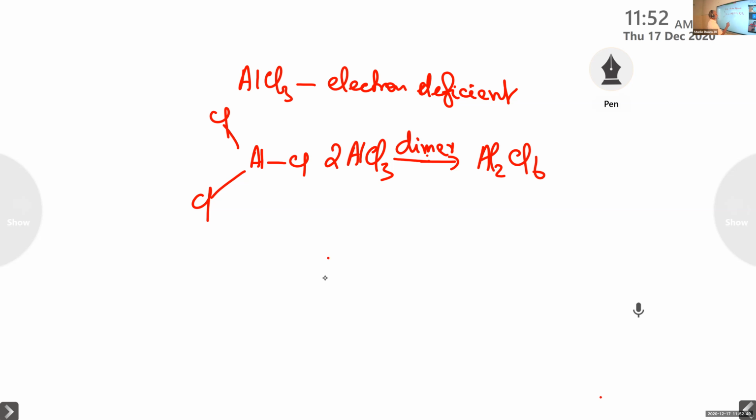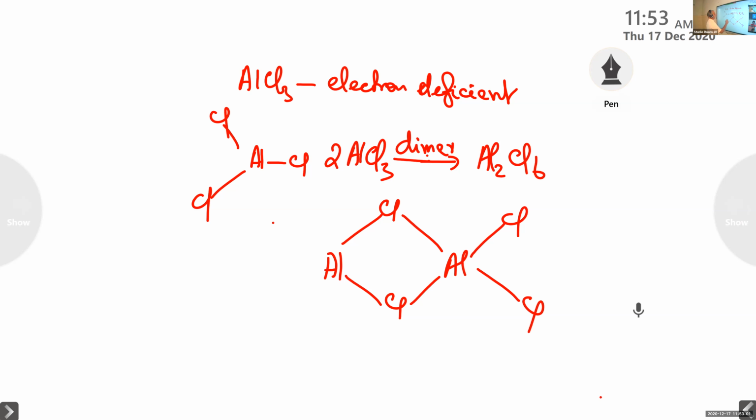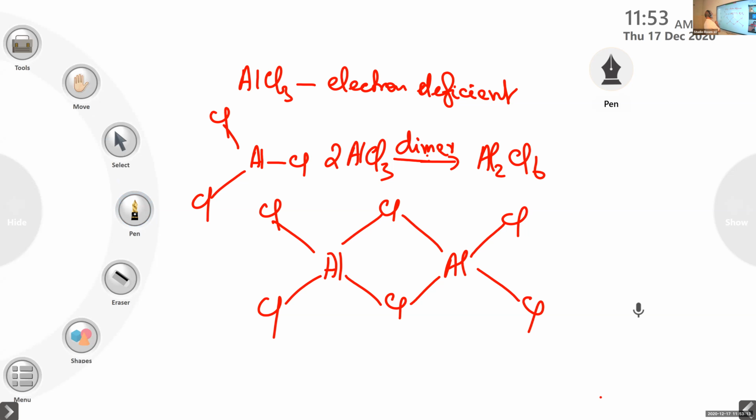The structure will be like this: aluminium, then aluminium, with a chlorine bridge, here also a chlorine bridge, then Cl, Cl, Cl and Cl. Al2Cl6 has chlorine bridges.